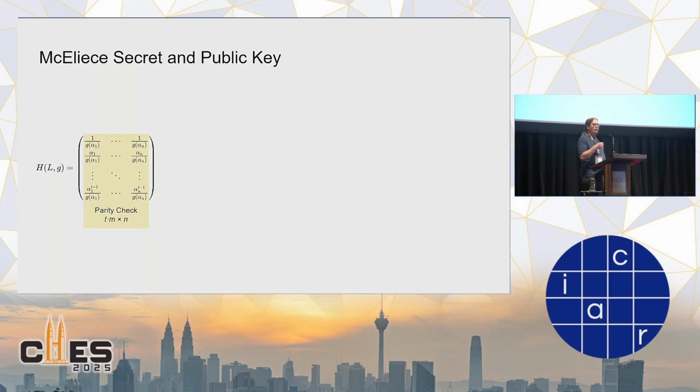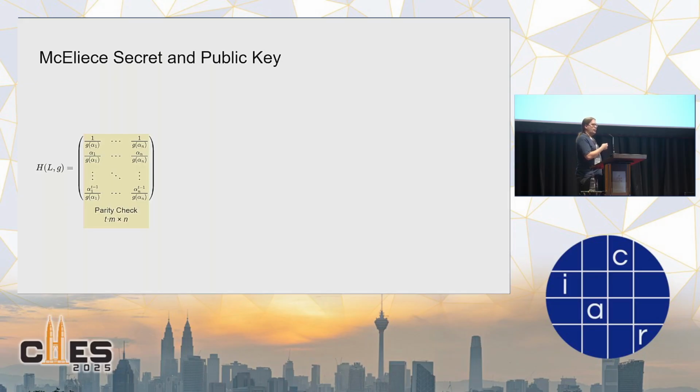It is the power of this point divided by the Goppa polynomial evaluation on that point. So first you have the power of 0, so it's 1 divided by the Goppa polynomial of that point, and then you have all the powers. So each column, it's important to notice, only depends on one Goppa point and the evaluation of the Goppa polynomial on that point.